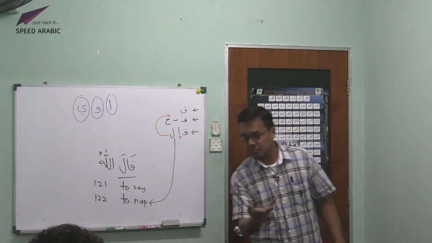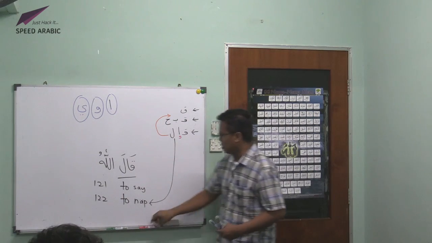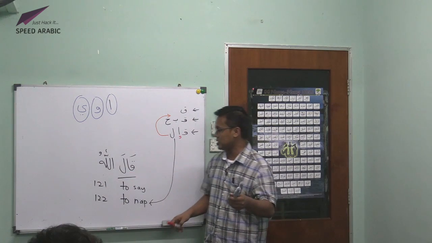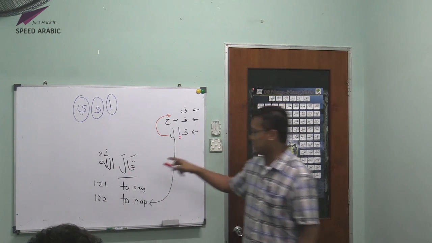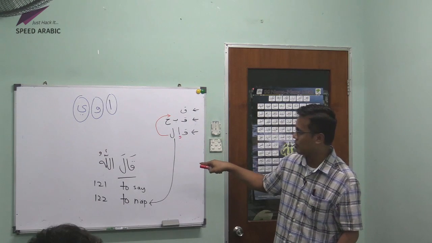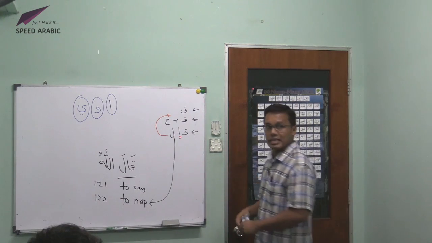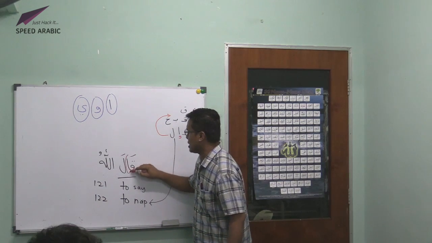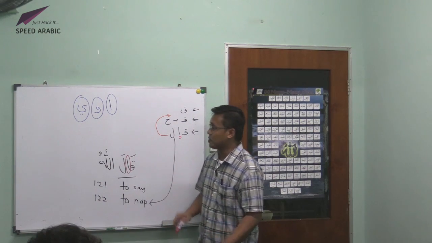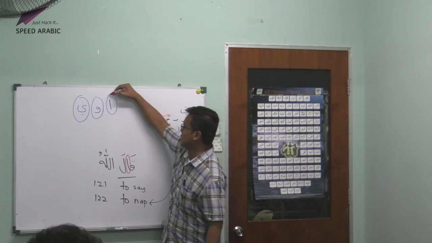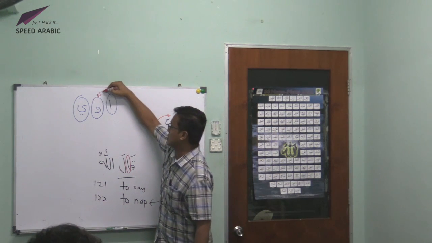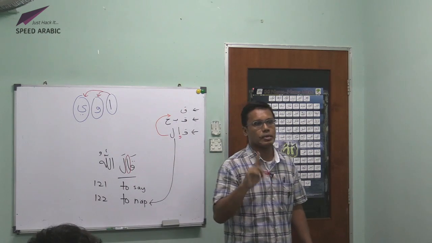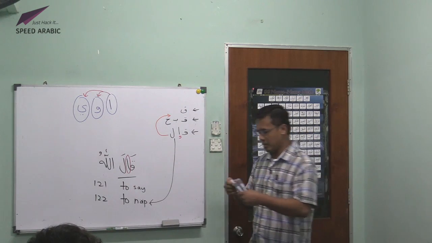So if Qaf alif lam, as Abdul Rahim said just now, what is not what it seems here? The alif. The alif is not always what it seems, because the alif will either be originally waw or ya.